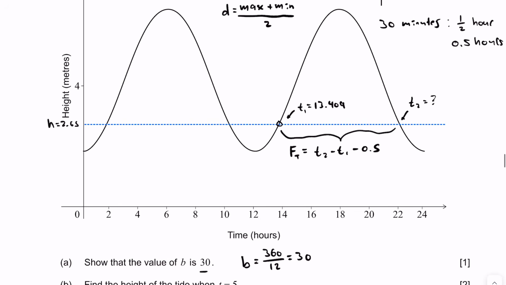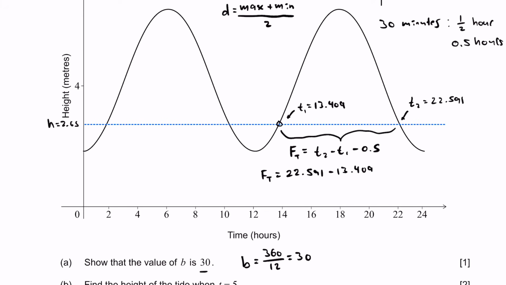So here we are. I think we're just going to have enough space here. Fishing time is equal to T2 minus T1. So what is this total time that elapses? It's the difference between T2 and T1. T2 we found to be 22.591, minus T1, which was 13.409.